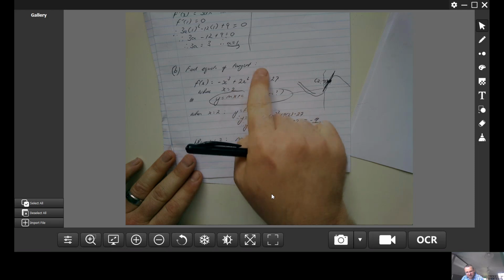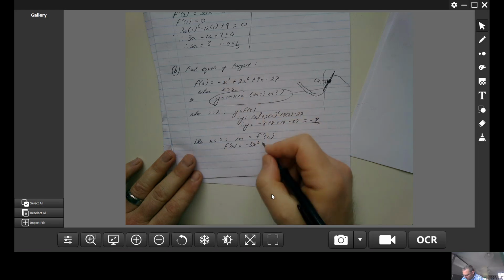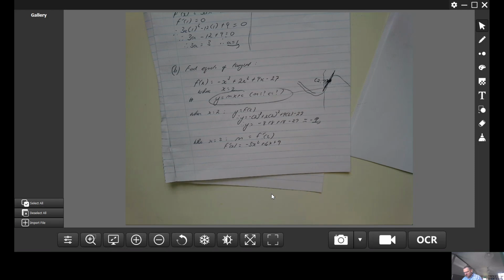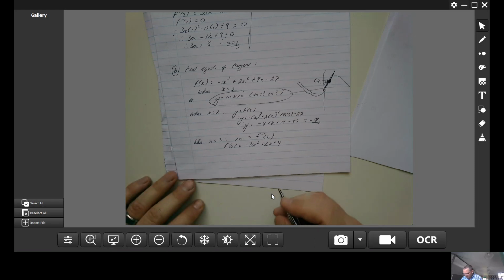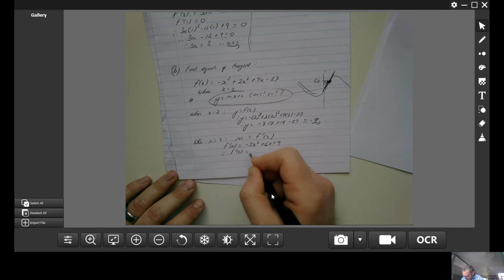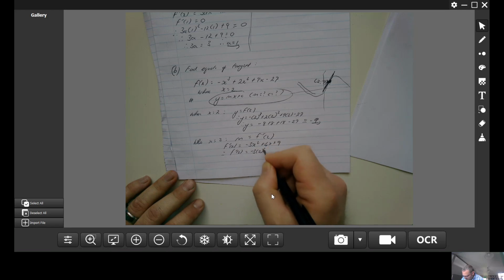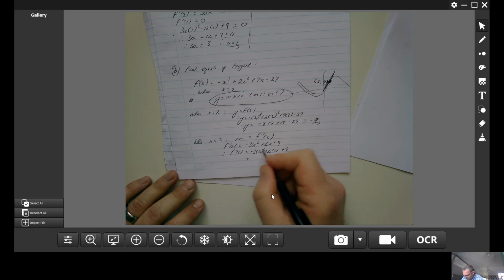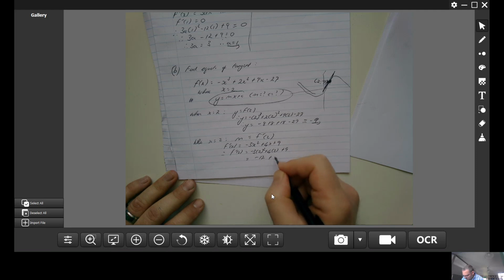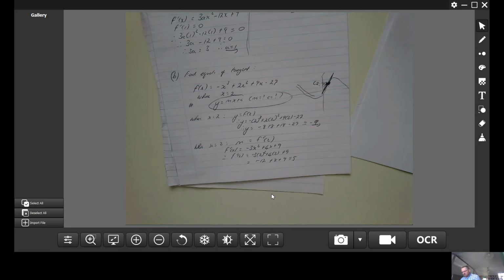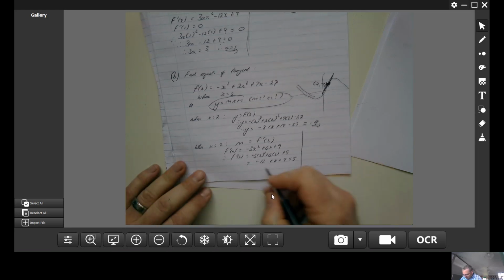If I differentiate this, f'(x) = −3x² + 4x + 9. Now, when x is 2, f'(2) = −3(2²) + 4(2) + 9, which is −12 + 8 + 9, and 17 minus 12 is 5. So the gradient is equal to 5.